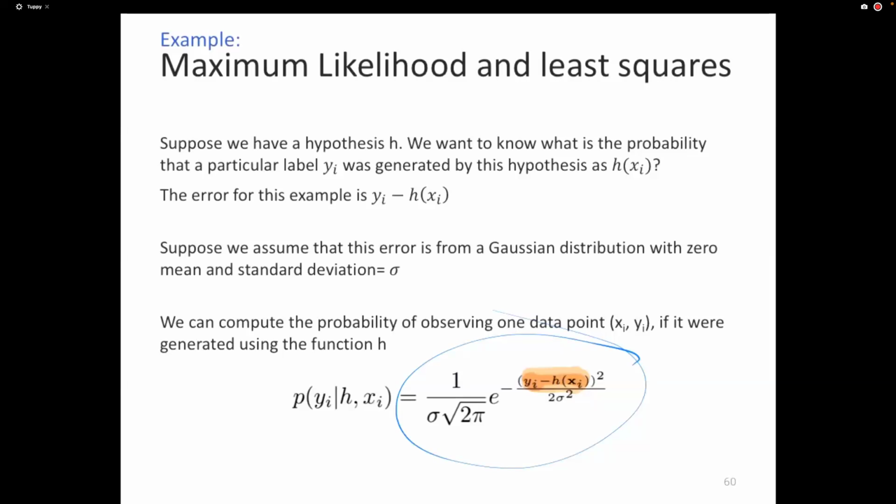That is the quantity that is normally distributed. Yes. Now it's been clear. Okay. Other questions?